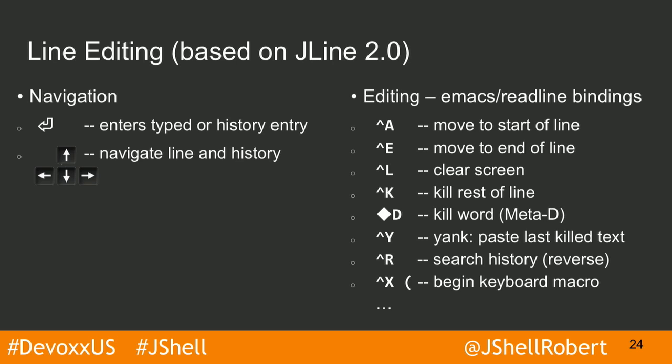If you hit return on any one of those lines, including in history, that enters the line you're on. I won't go through all these in detail, but you can do Emacs-type editing like Control-A, or Control-K to kill, or even define keyboard macros.